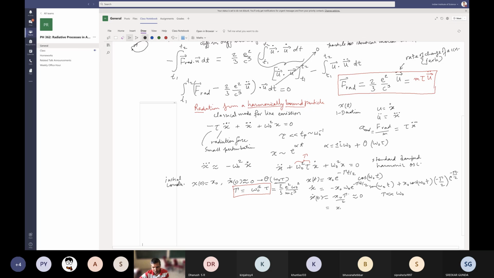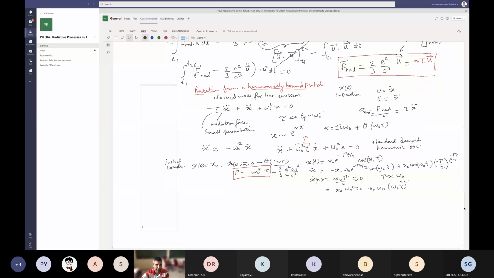So this is x naught times omega naught squared tau, which is x naught omega naught tau, and this is tiny. Up to first order, this is a perturbative calculation, so we can take it to be 0 to that order.